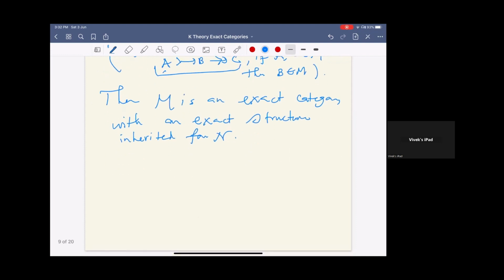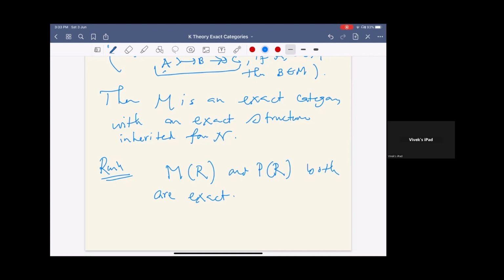So what are the immediate consequences of this? That mod R and proj R are both exact. Here mod R is the category of finitely generated R-modules, and proj R is the category of finitely generated projective R-modules. Why are they exact?